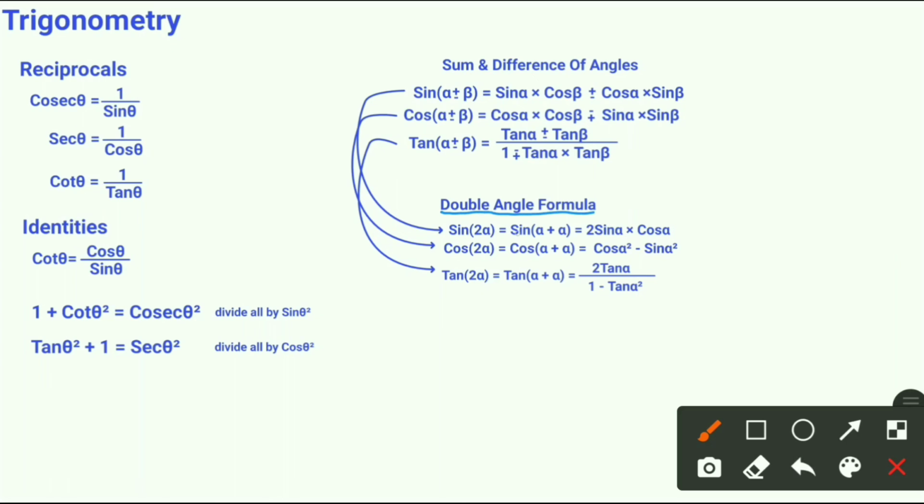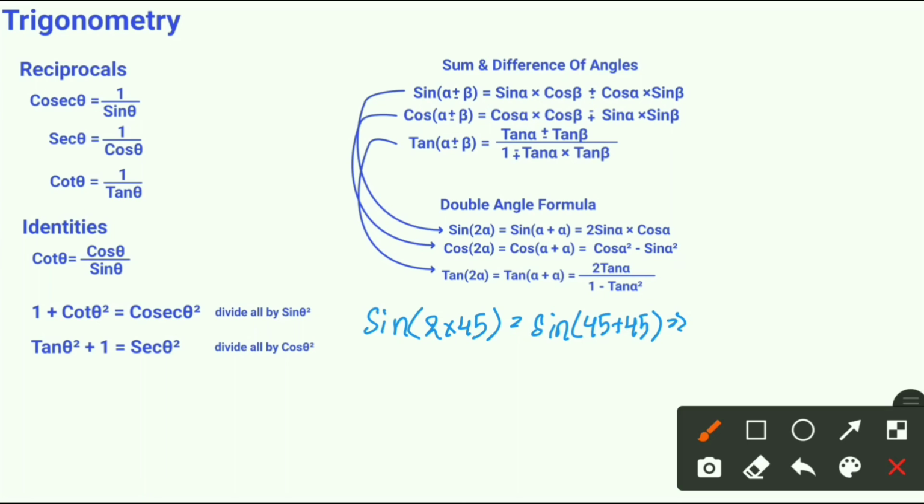If it is a double angle formula, let's say sine of 2 multiplied by 45, then it's going to be like sine of 45 plus 45.